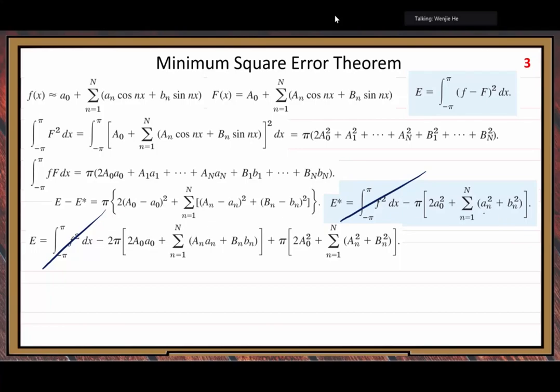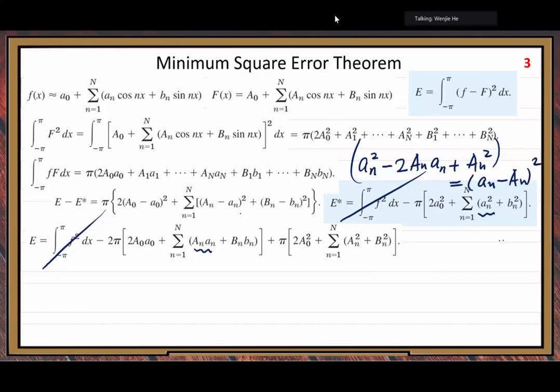Let us consider one particular term. You have little a_n squared, minus 2 times capital A_n times little a_n, plus capital A_n squared. That is one typical complete square, which equals little a_n minus capital A_n, squared.